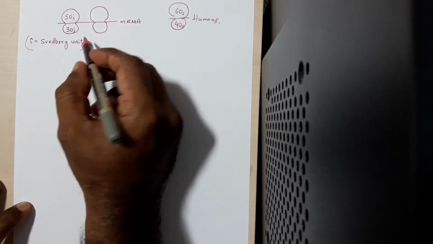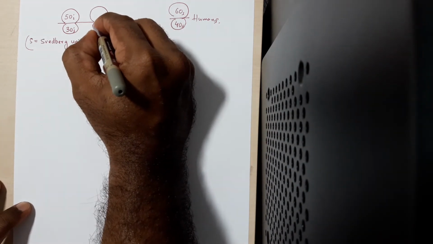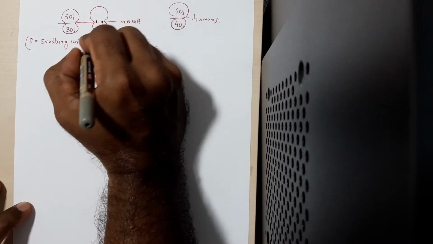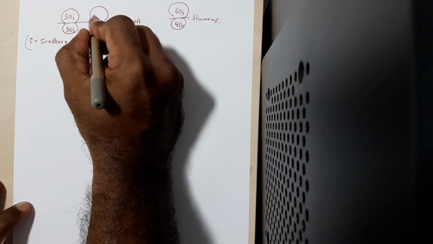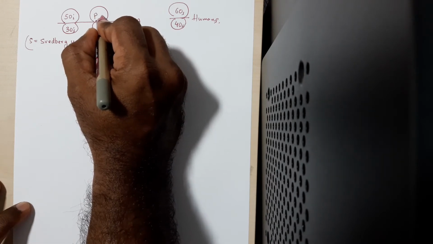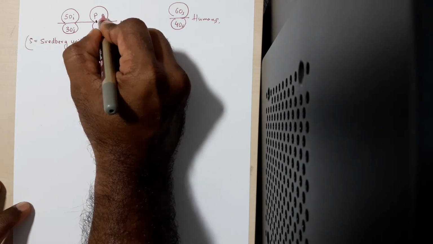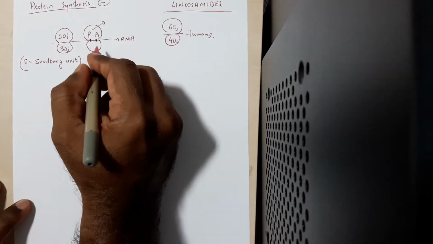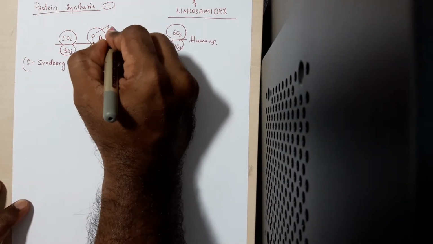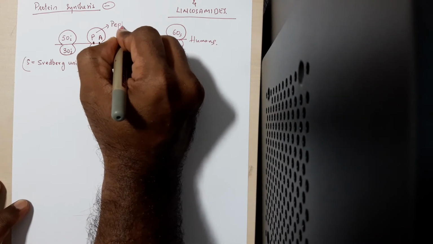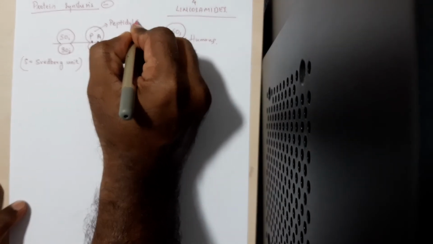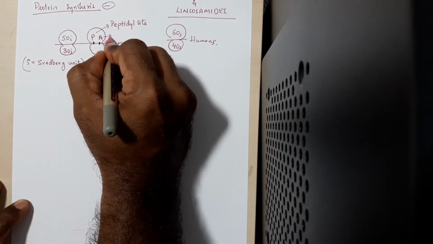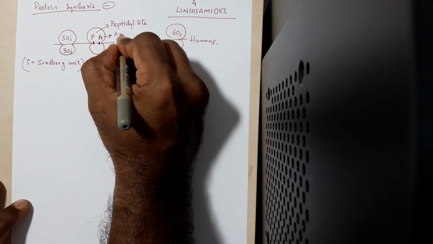Now there are two sites here. The first site is the P site and the next site is the A site. P stands for peptidyl site, and A stands for acceptor site.